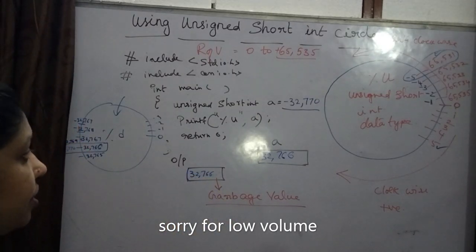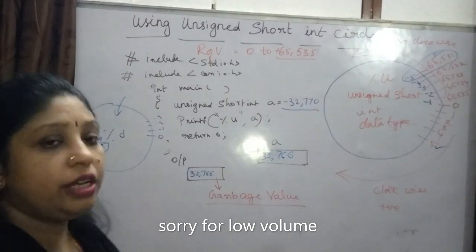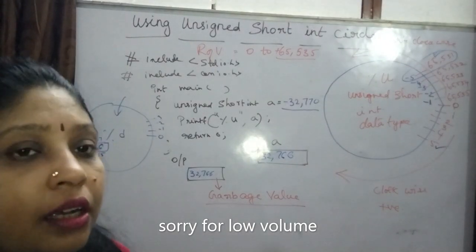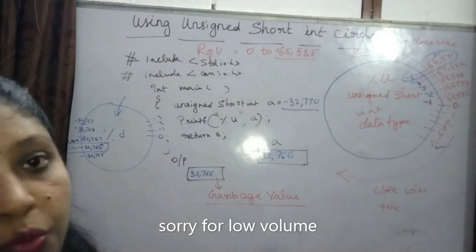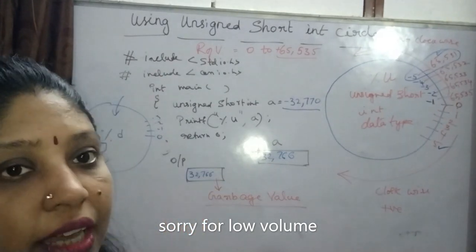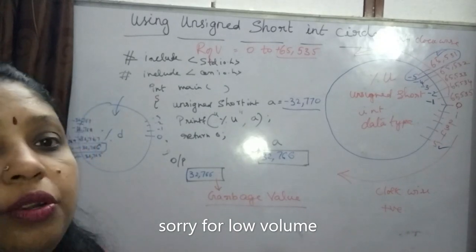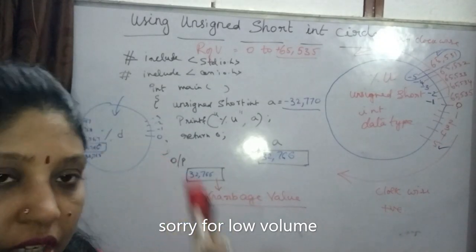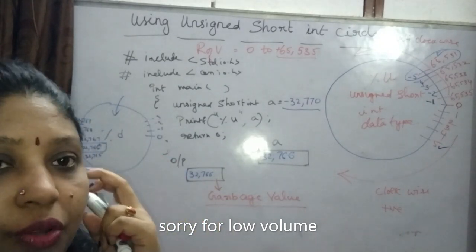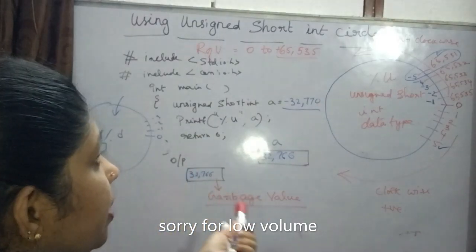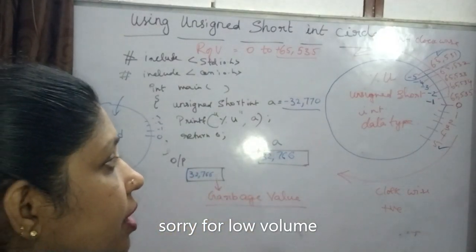Understood? So these values, it will only calculate in its own way like this. In this way only it will calculate, and it will take the value which is next to that value, which is equal to that value. So yes, I hope you understood this unsigned short int circle.